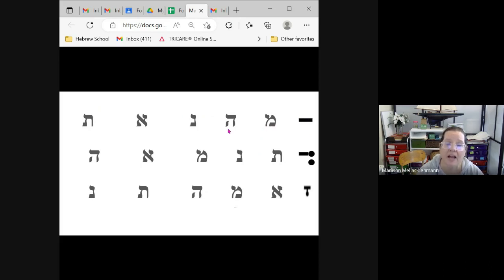Hey and "ah" is "ha." Noon and "ah" is "na." Aleph, which has no sound, so aleph and "ah" is "ah." Tav and "ah" is "ta." Okay. And that is a patak.